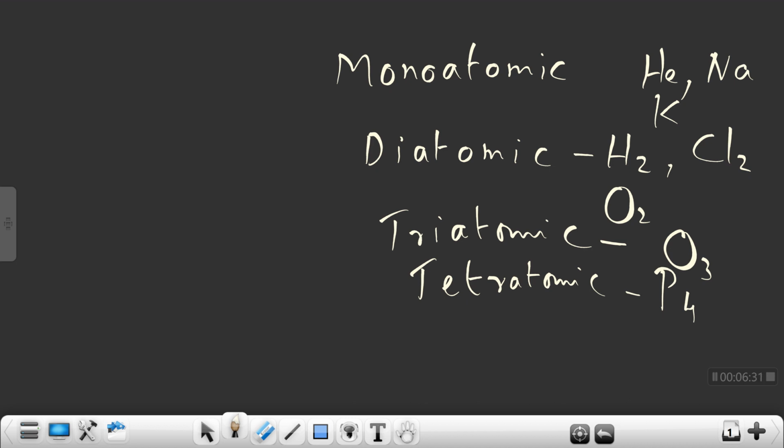It contains 4 atoms. The molecule of phosphorus contains 4 atoms. Then octa means 8. So octatomic, S8, sulfur. So 5 types: monoatomic, diatomic, triatomic, tetratomic, octatomic. I think all of you understood this.